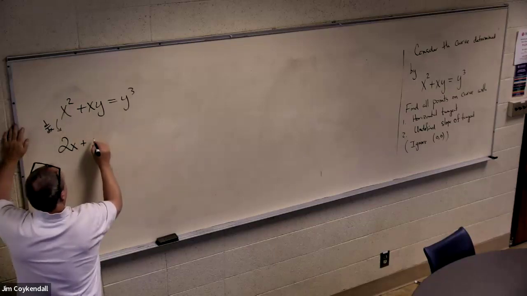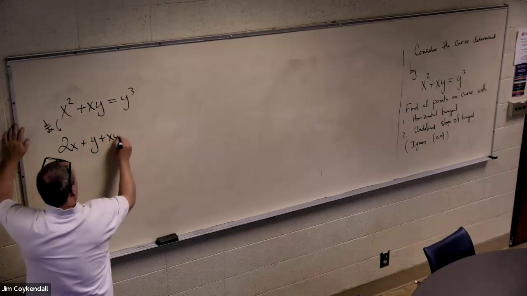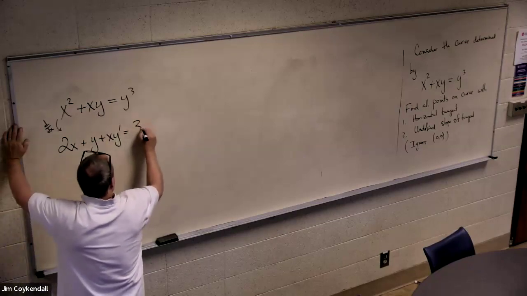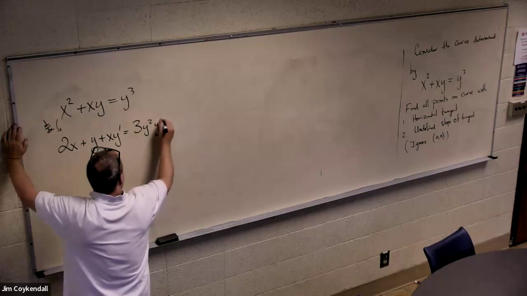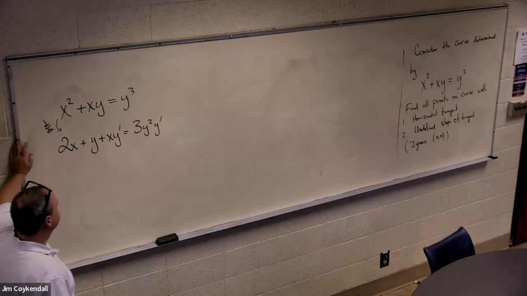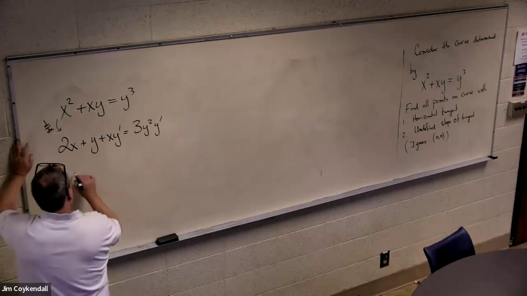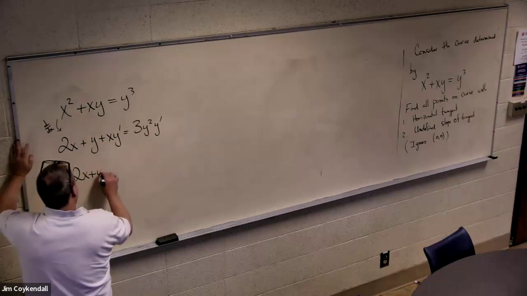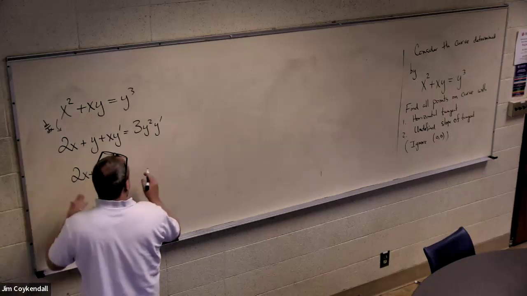This is the derivative of x, which is 1, times y, plus x y prime, equals 3y squared. Okie dokie, simple. So from here, it's just algebra. You kind of divide and conquer.